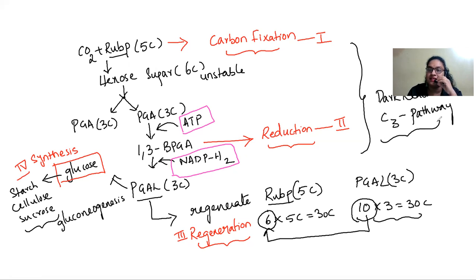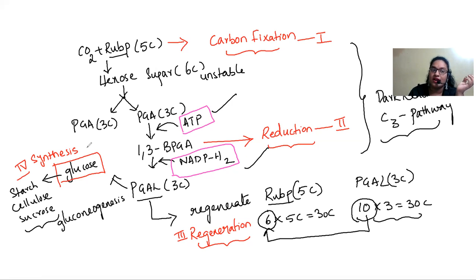So the C3 pathway utilizes the energies produced from the light reactions and generates a 3-carbon atom compound, which is otherwise used in the formation of fats, amino acids, or enters into glycolysis. There are wide ranges of functionalities of the PGAL, and it is otherwise going to synthesize your glucose.